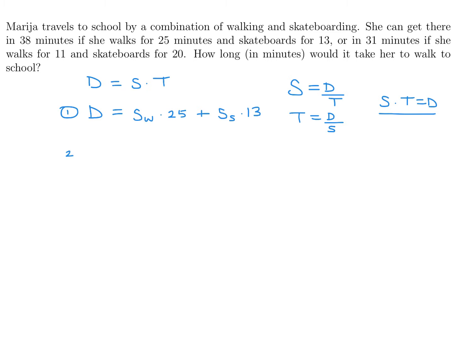Okay, and then the second scenario, same distance, but this time the times are a little bit different. Walking this time is 11 minutes, and then skateboarding this time is 20 minutes. So those are the two equations. I'll call them 1 and 2.